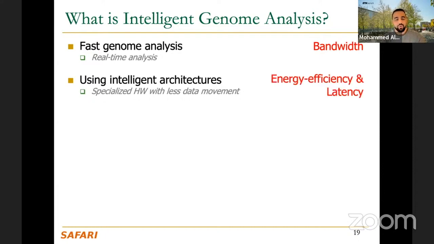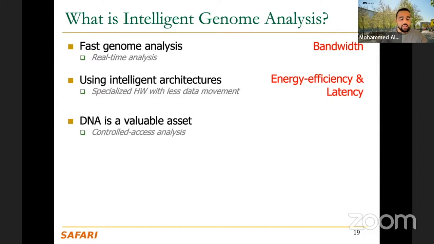When you do specialization, you gain benefits in terms of energy, latency, maybe the cost, maybe the area, maybe the portability of the equipment used for analysis and so on, which is way better than having a general purpose computer for the analysis. And this is also something very special about the data that we are dealing with.